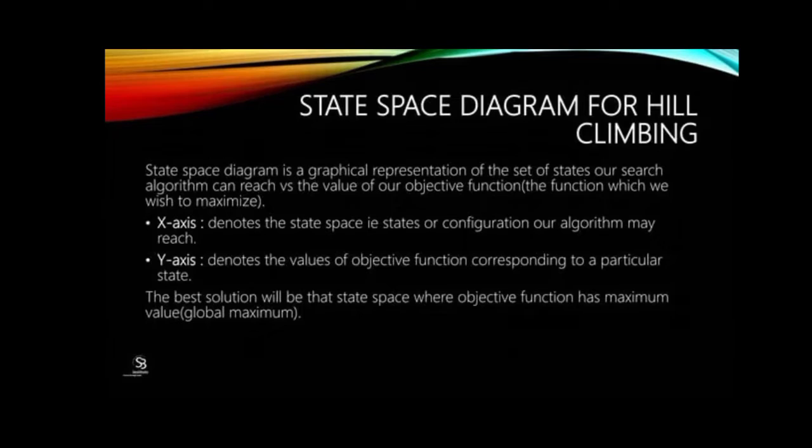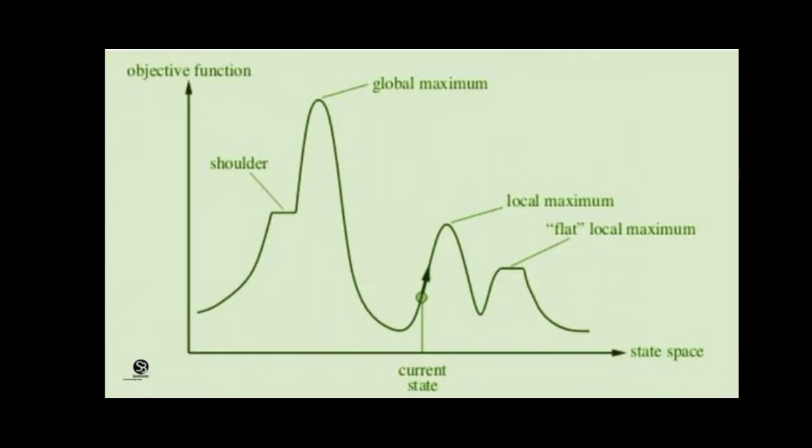The best solution will be that state space where the objective function has maximum value. So that is the diagram of the hill climbing algorithm.